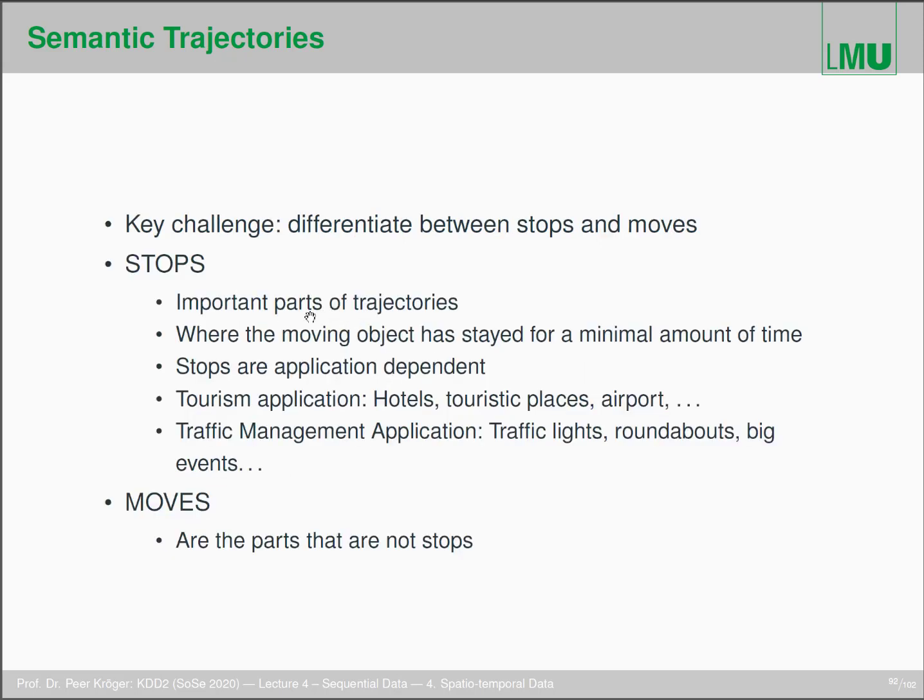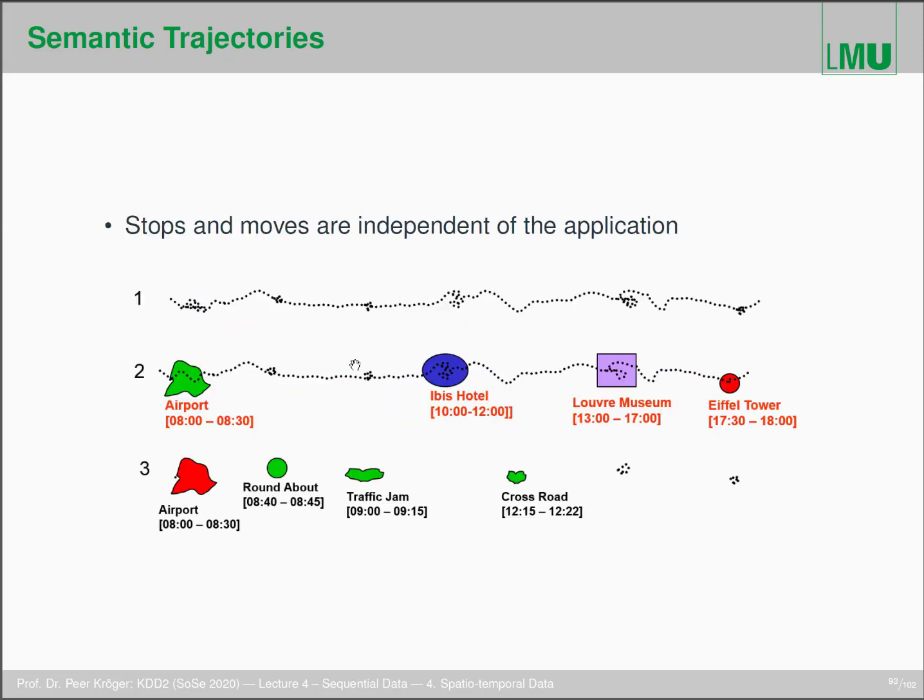So that is a little contradicting to this one here. The semantics of the stops are application dependent, but not the stops themselves. So the definition and the finding of stops and moves are independent of the application. The meaning of stops, of course, is then dependent on the application.